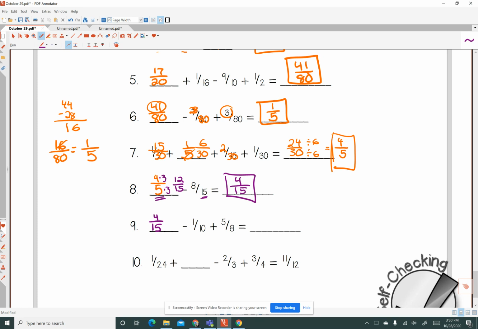And I think our denominator will be multiples of 15. 15, 30, 45, 60, 75, 90.